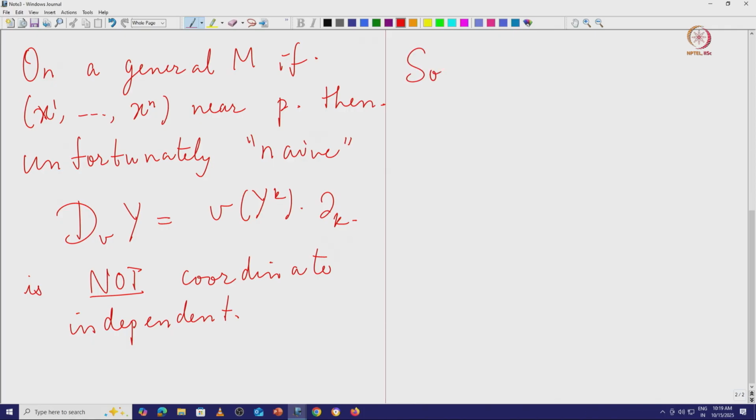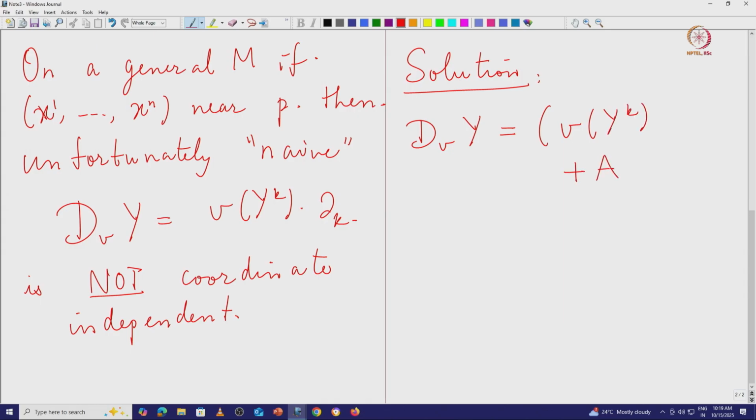So the solution to this problem is to instead define the following. We take the naive definition, but we introduce some correction. This correction will be of this form: Gamma^k_ij Y^i v^j times partial_k.